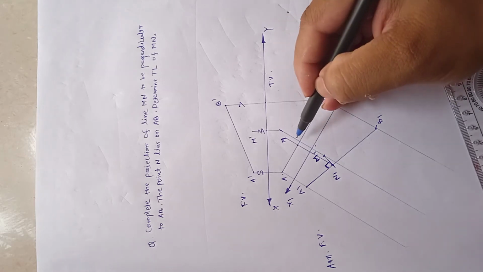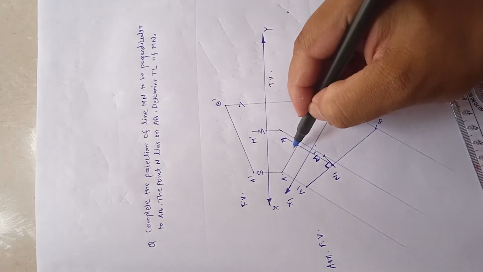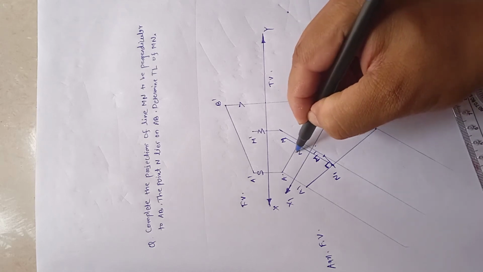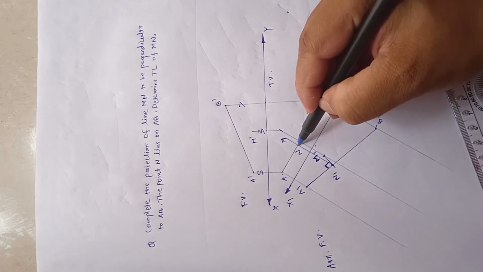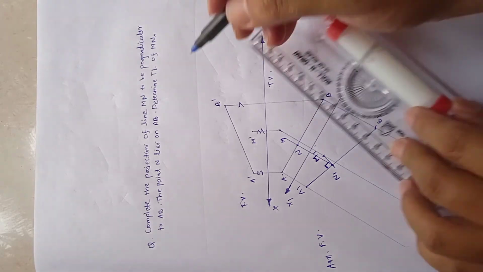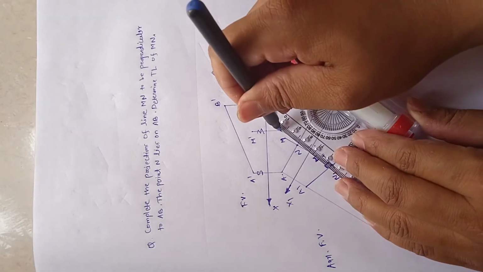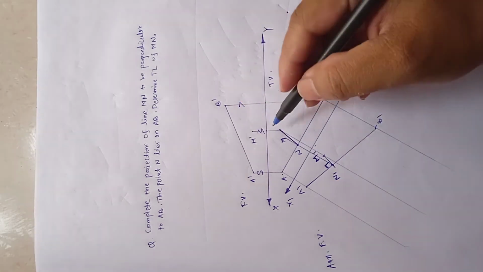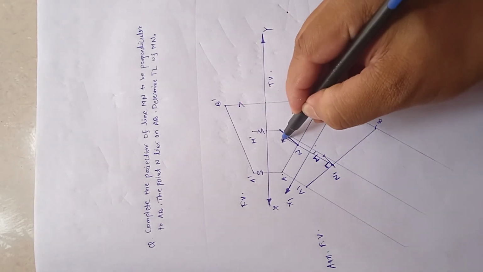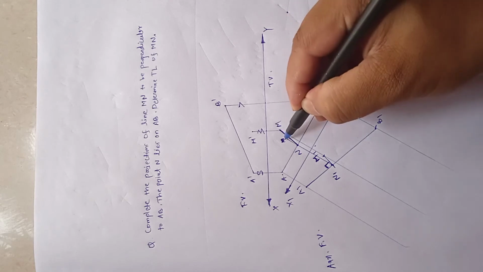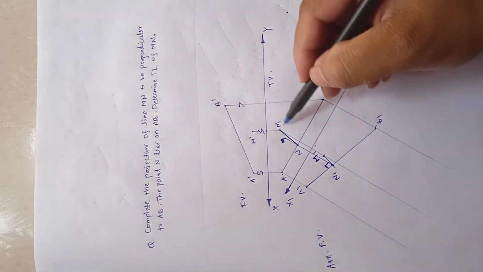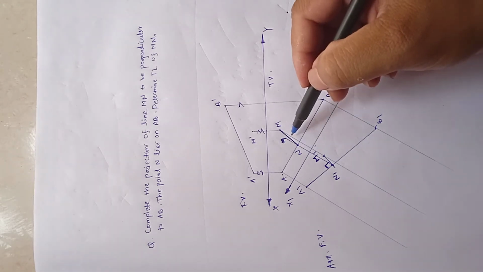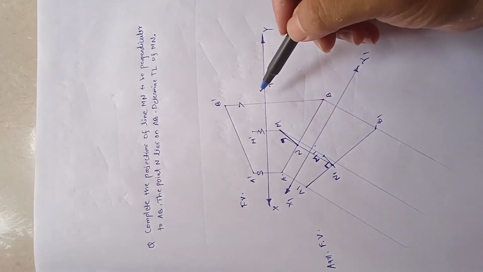So this is the point N. Now join this N with this point M. I will write this point M here. So MN is the top view of line MN.